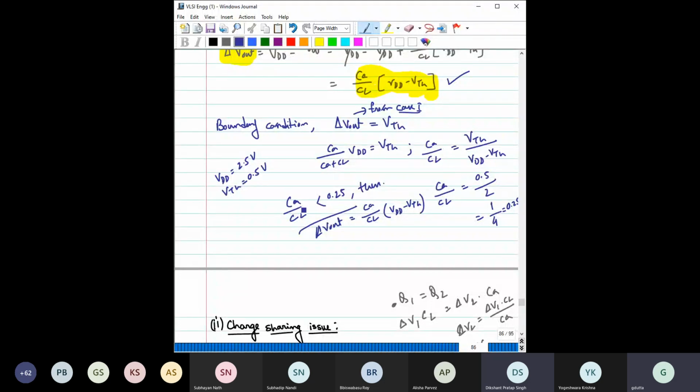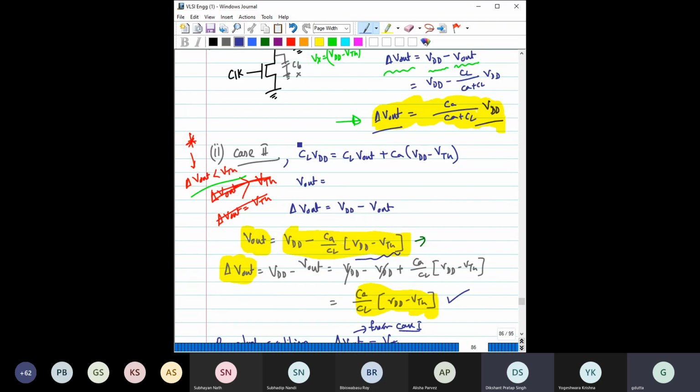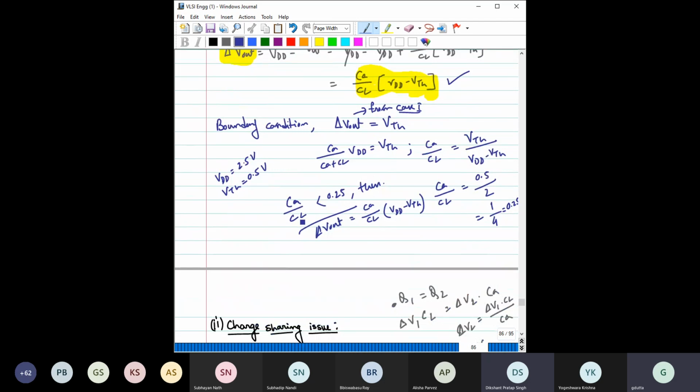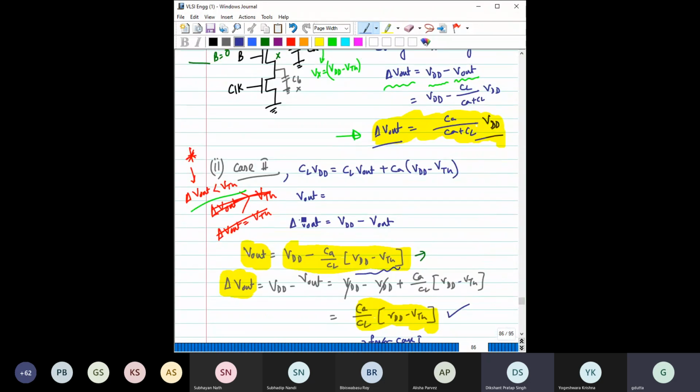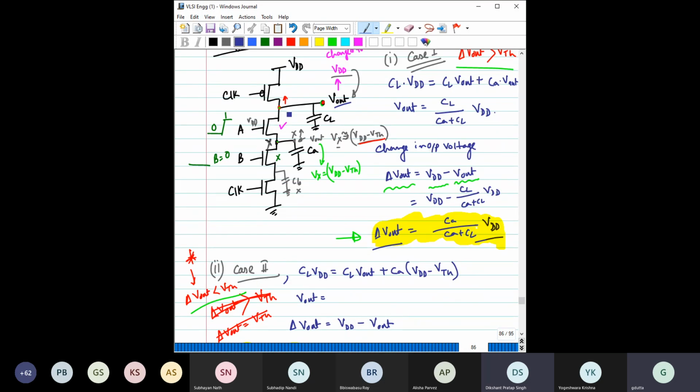So when this CA by CL ratio is even smaller than this, that means CA is much smaller, then the case 2 is going to happen, where the voltage rise here may be so high that it will reach VDD minus VTH, and which will turn off this transistor, right? Otherwise, if the CA by CL ratio is higher, then there will be a distribution. This transistor will not be turned off, and the final voltage across this and the final voltage across this Vx would be the same.